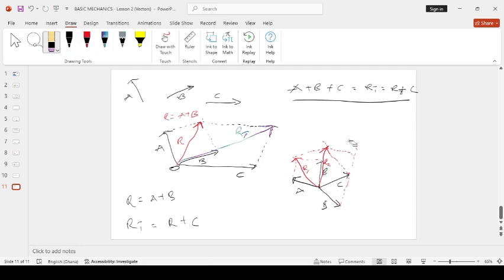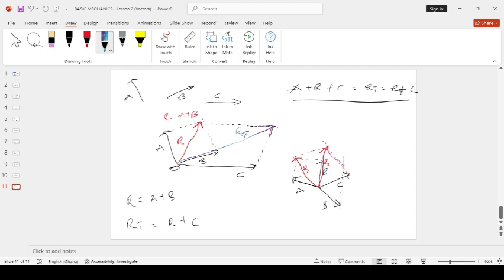Sorry, let me make it a bit more accurate. So let me change the color. For this one, it has to be a parallel line to R2, which is here, and then a parallel line to D, which is also here.